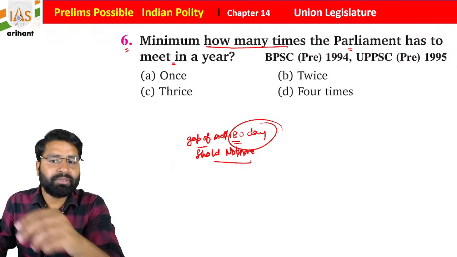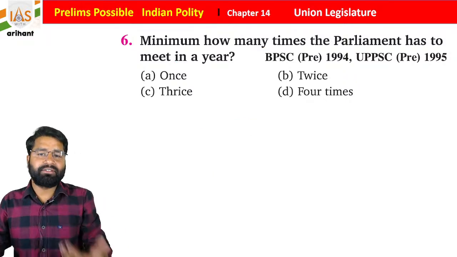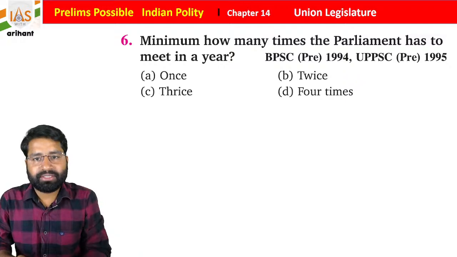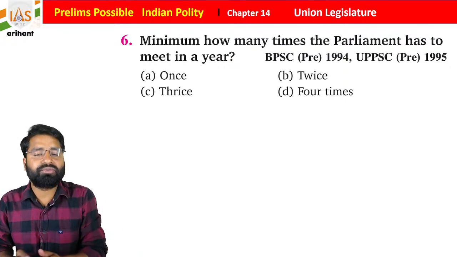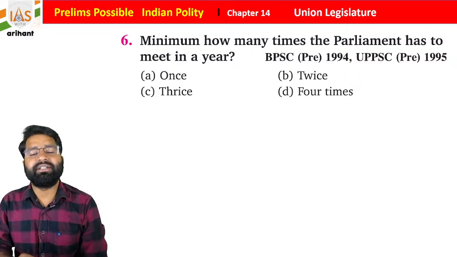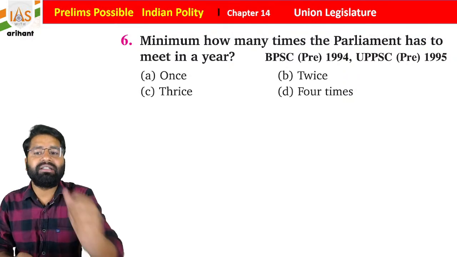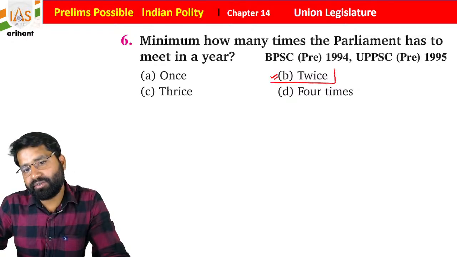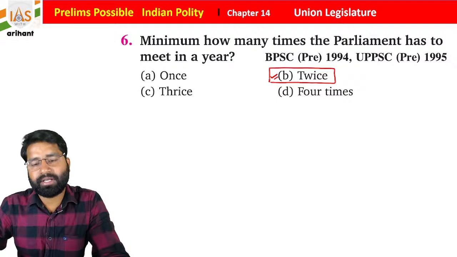It is compulsory. There is a written provision that they must not create a gap of 180 days. It means they need to meet at least twice. So option B is going to be right, students. I hope you are all getting it.